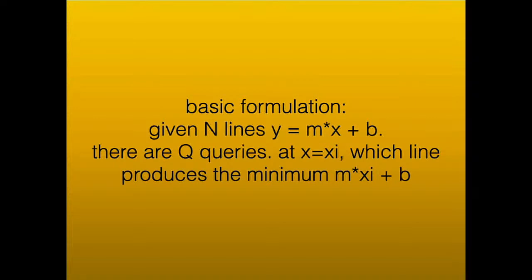It can be different throughout different values of xi. So that's the thing we're trying to solve with convex hull trick. I'll show you some examples where this can be used to optimize DP. There are lots of problems like that, and some of you have probably solved it before as well.